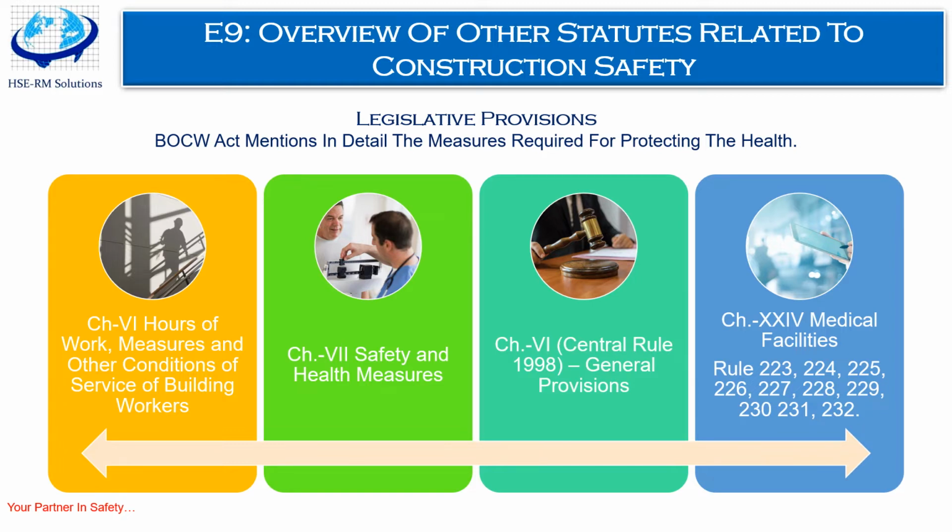Now coming to chapter 14, which is on medical facility. Under medical facility, many things are listed in the legislative provisions for BOCW. What does it say? Rule 223, the medical examination of building workers, is mandatory. What comes under the medical examination of building workers?